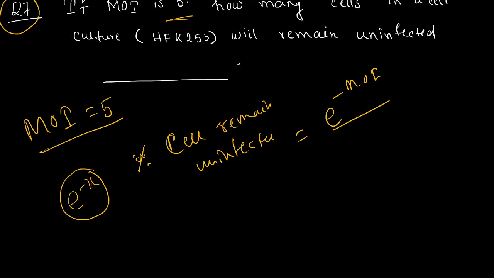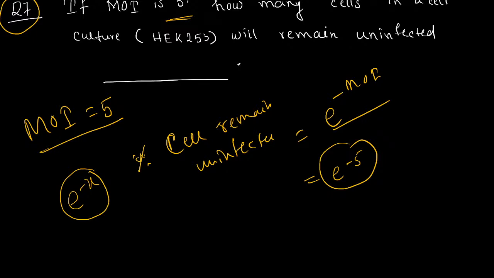Quickly just do the calculation, e to the power minus 5. Then just tell me what is coming. And if someone asks you what percentage of cells is infected, just do 1 minus this thing. Guys, are you doing it or not? Value of e to the power minus 5, just put it in your calculator.